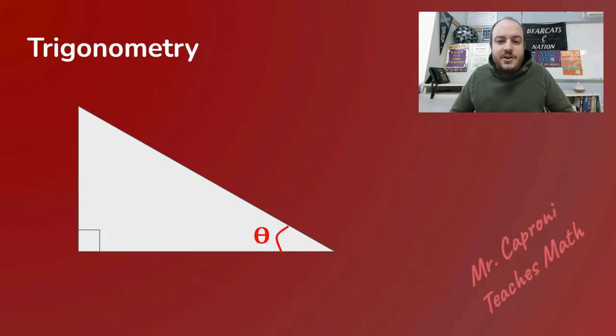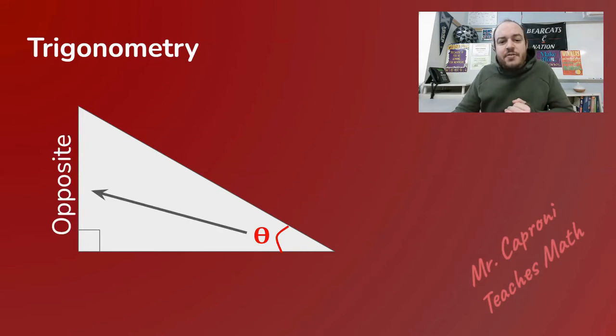So this symbol right here is marking of theta. Now remember, we're all worried about the relationship between our angles and the side lengths. So usually we only label one angle at the start, and then we will base the labeling of the rest of the triangle off of that one angle. So looking at our 3 sides here, we have the one that is directly across from the angle that we're looking at, and we call that the opposite side of the triangle.